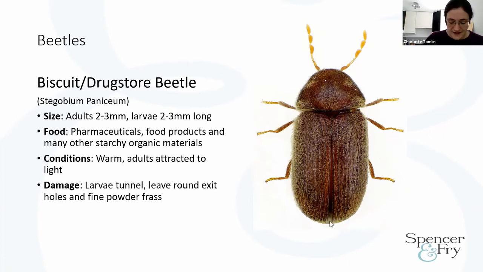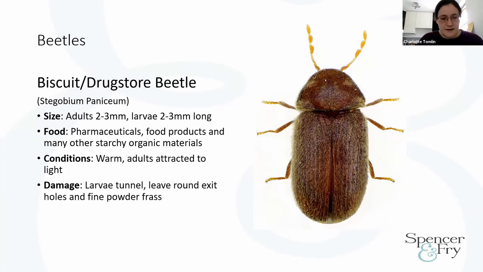It's a reddish brown oval beetle with hairs and parallel lines on the wing cases, and the antennae have 3 shaped segments at the end. And again, the larvae are creamy white and C-shaped, not unlike the wood borer beetle larvae that we were talking about before.